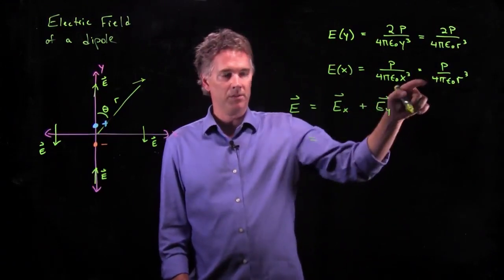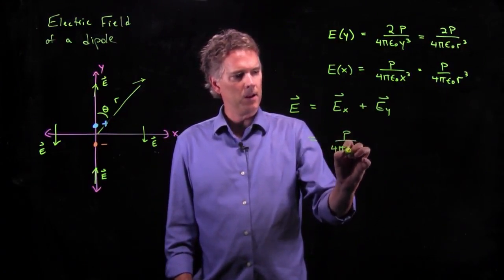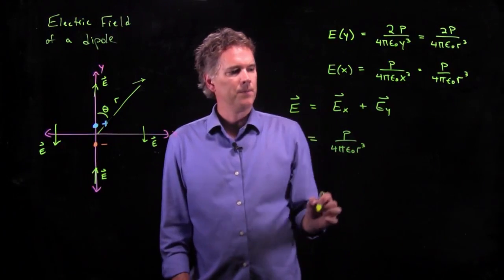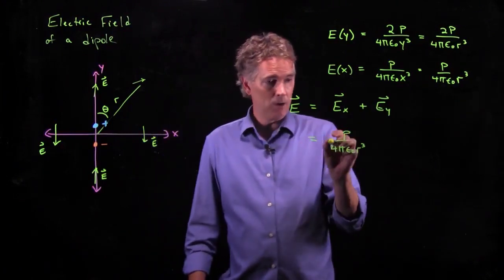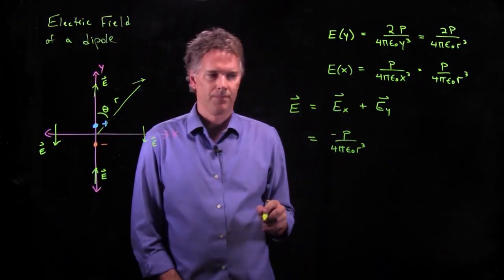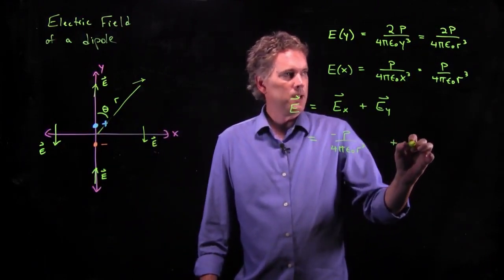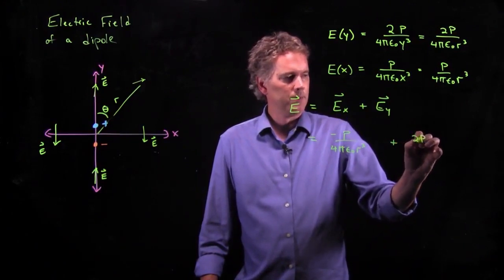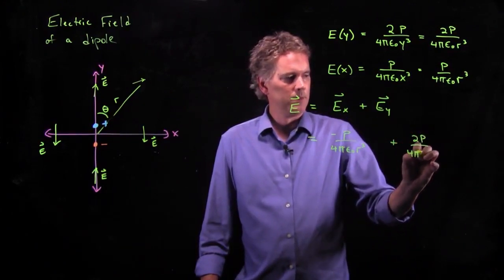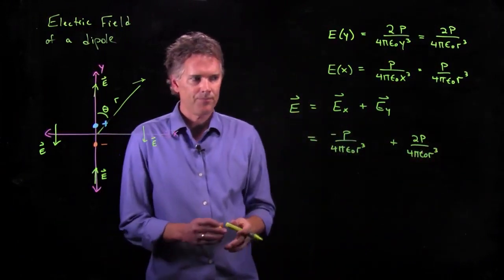The x component we said was this, p over 4 pi epsilon naught r cubed, and it's pointing down, so that is in the negative direction. Ey is pointing up, and so we keep that positive.